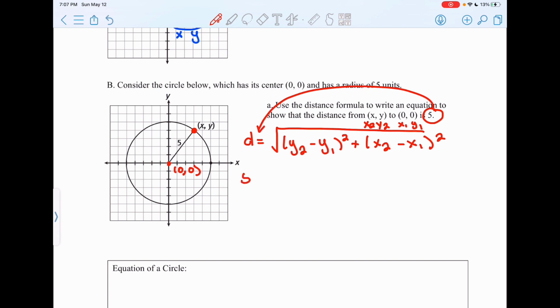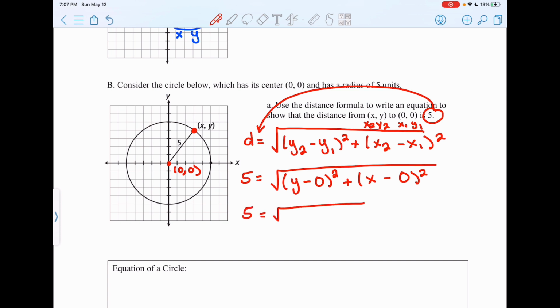So 5 is equal to the square root of y2, which we said is y, minus y1, which is 0, squared, plus x2, which is just x, minus x1, which is 0, squared.